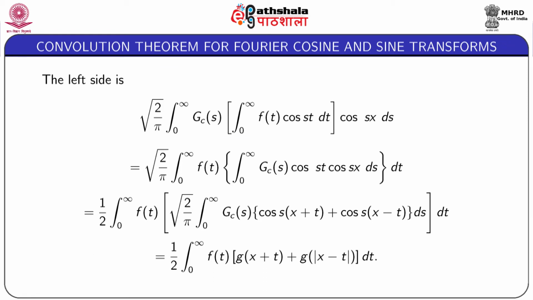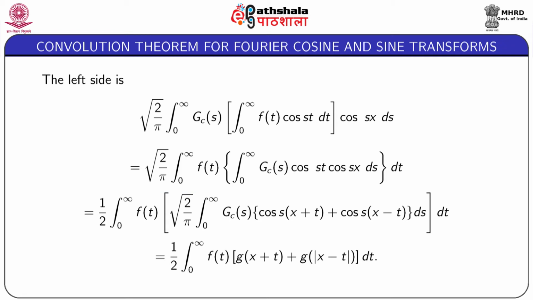After interchanging the order of integration, this is root over 2 by pi integral f(t) into integral 0 to infinity GCS cos st into cos sx ds dt.